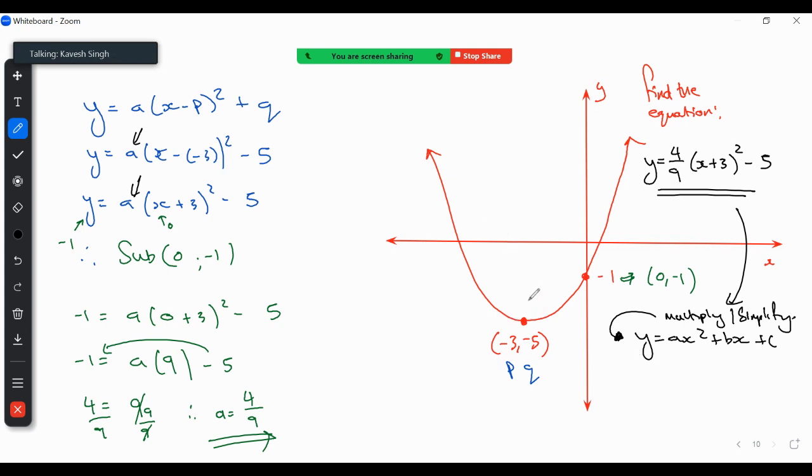This particular question, they've given me the turning point, right? So I'm given the turning point, so I would use the form y equals a times x minus p squared plus q. Step 1 is substitute the turning point in.